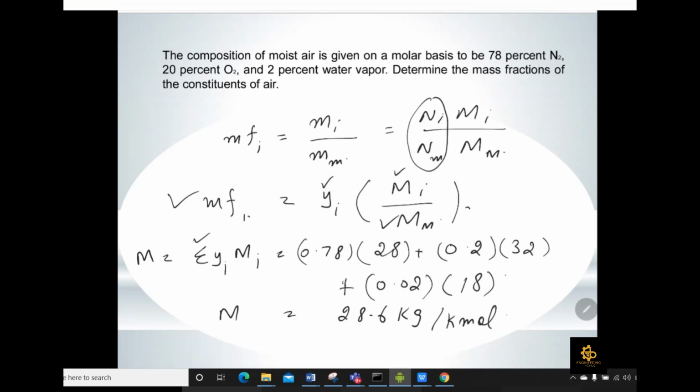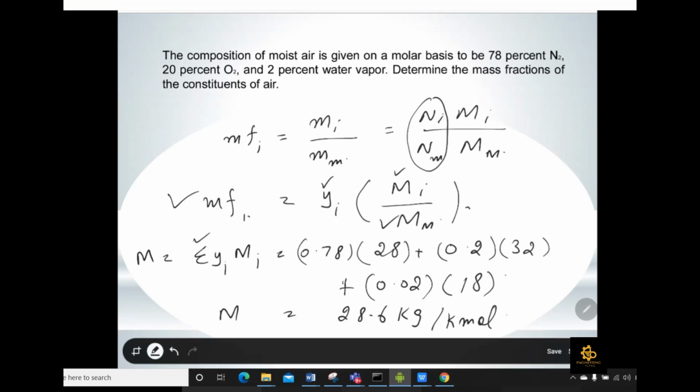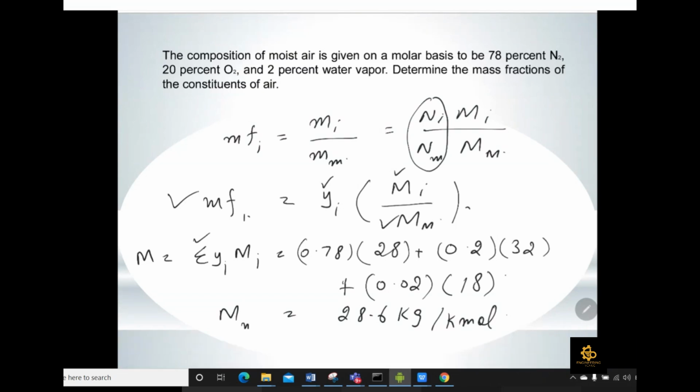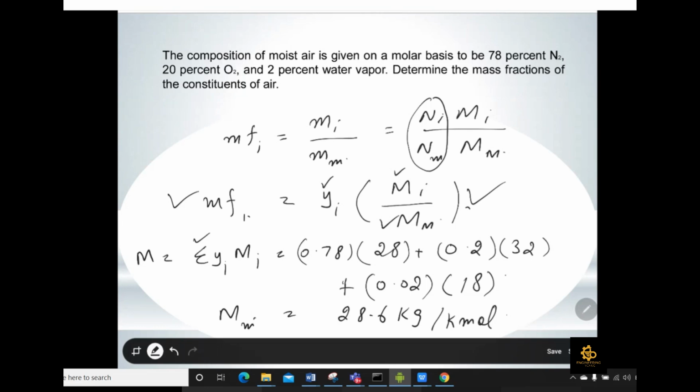Now we have the M value with us. By using this relation, we can easily find the mass fraction of the individual components.